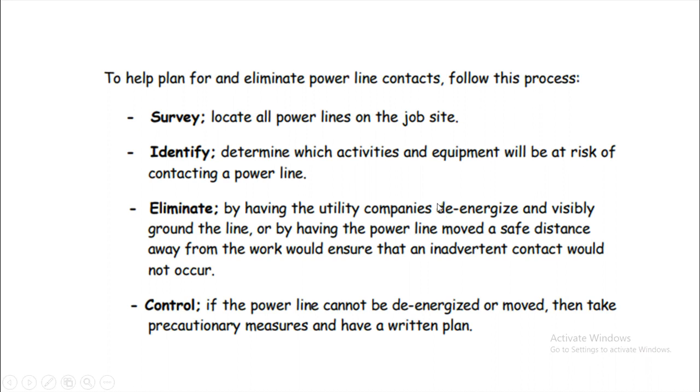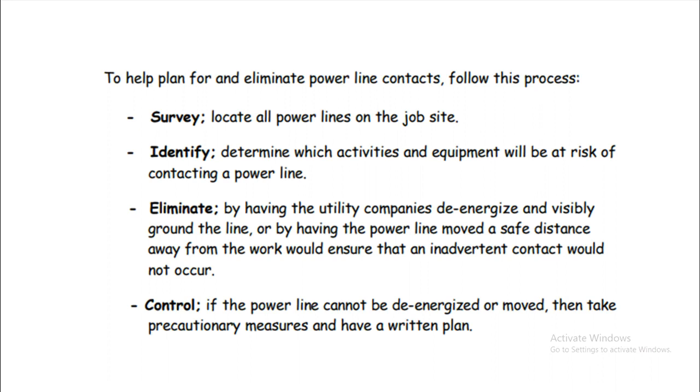Controls: if the power line cannot be de-energized or moved, then take precautionary measures and have written plans. The most important thing is the written plan, because if you have a written plan on how to avoid or deal with the power lines and the precautionary measures, it will always be consistent across any shifts of your job.